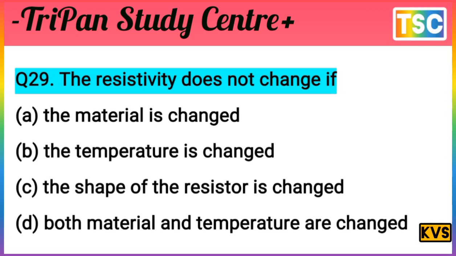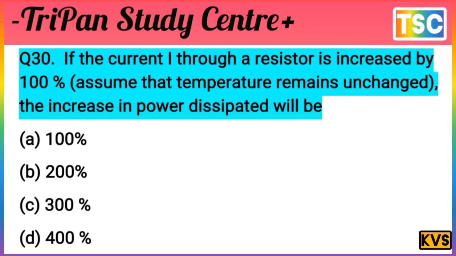Let's see the next question on your screen. If the current I through a resistor is increased by 100%, assume that the temperature remains unchanged. The increase in power dissipated will be: A, 100%; B, 200%; C, 300%; D, 400%.